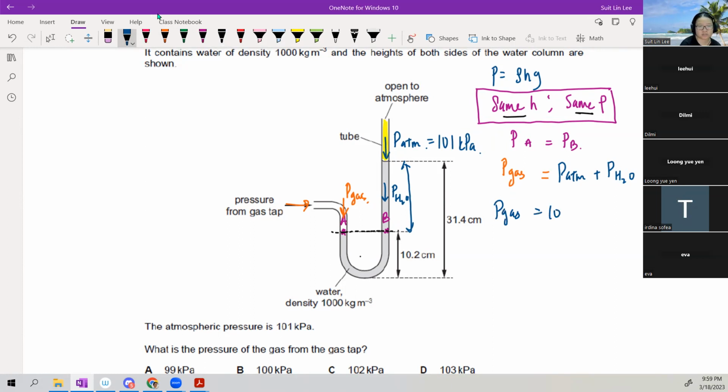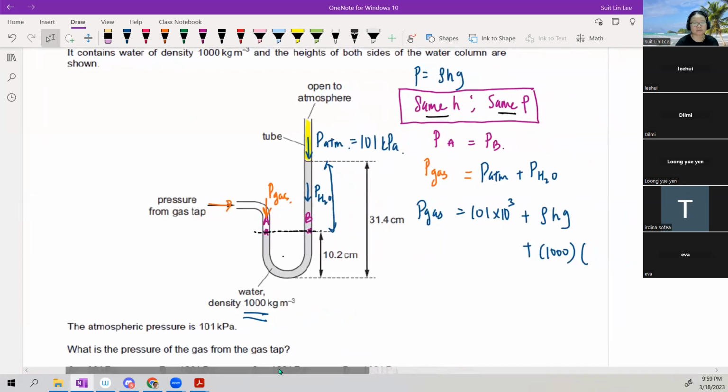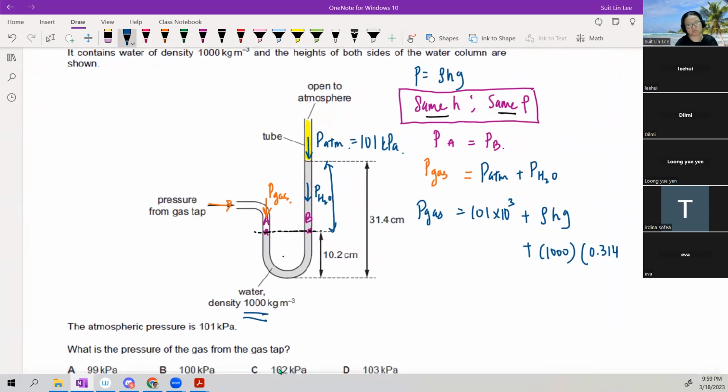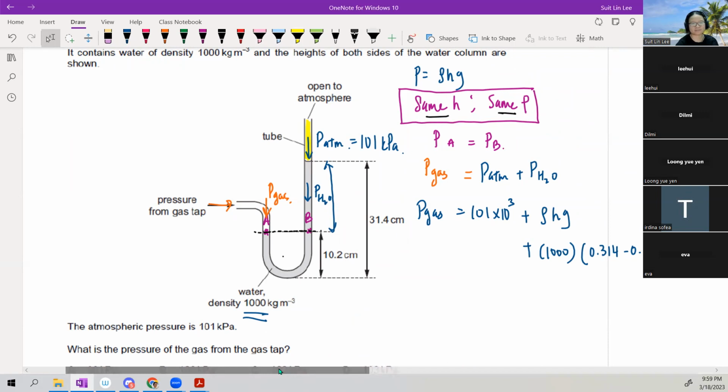Atmospheric pressure is 101 kilo. And water pressure is rho Hg. This rho is 1000, the question gives one. The H here would be 31.4 minus 10.2. But I have to convert everything into SI. So 0.314 minus 0.102, times 9.81.